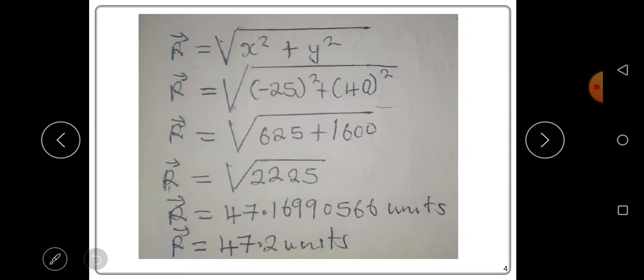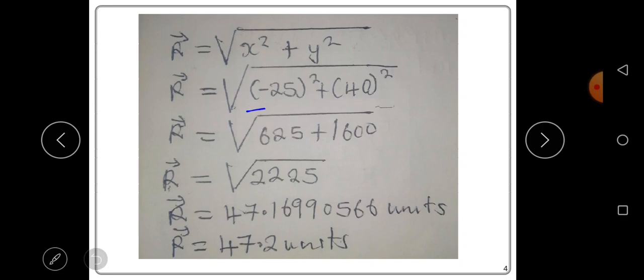To find the magnitude, you use the formula: the resultant magnitude is the square root of x squared plus y squared. Where there's x, you substitute negative 25, then square it. Where there's y, you substitute 40, then square it.